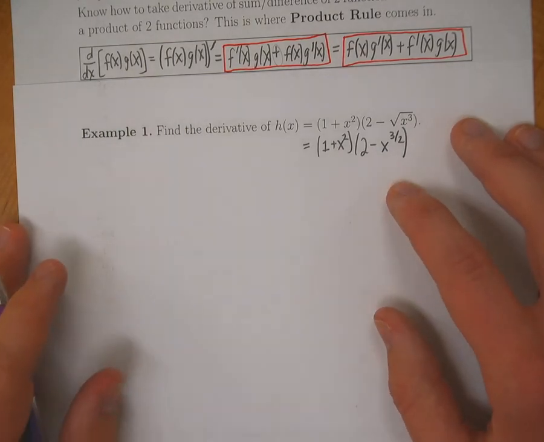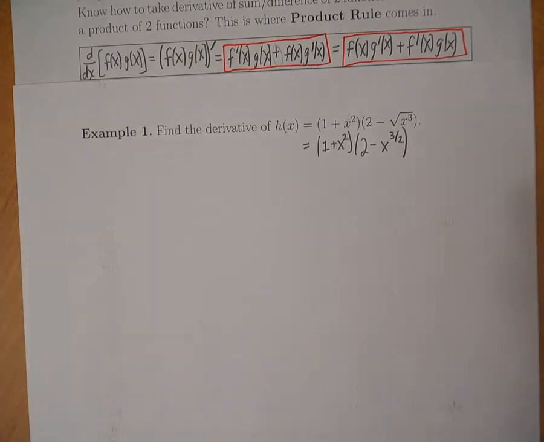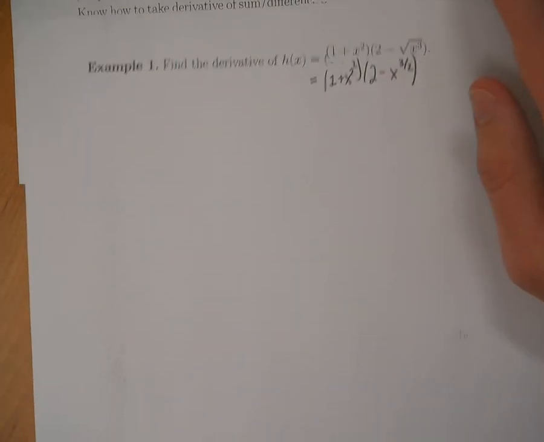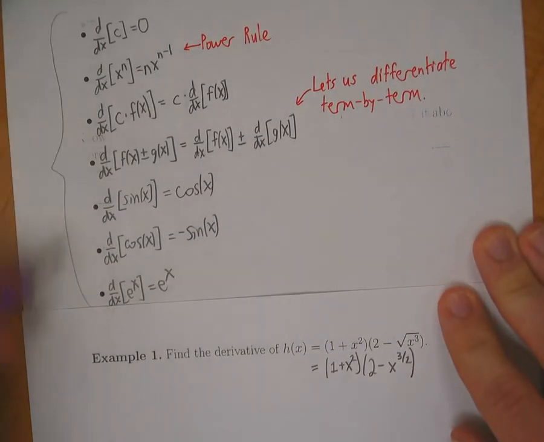So the first way says, let's suppose we didn't know what the product rule was. We only have these tools at our disposal here.